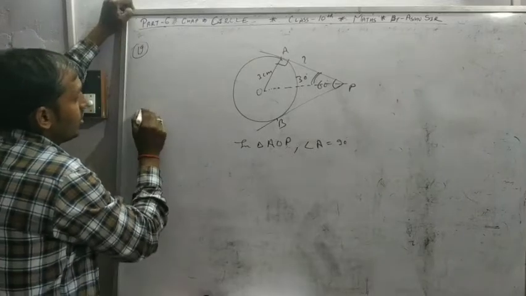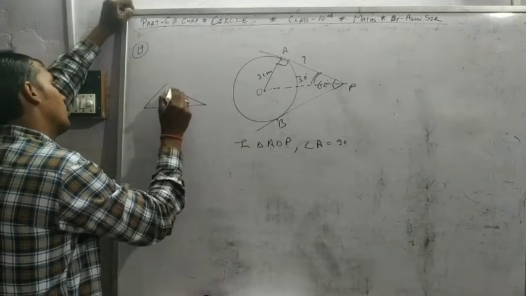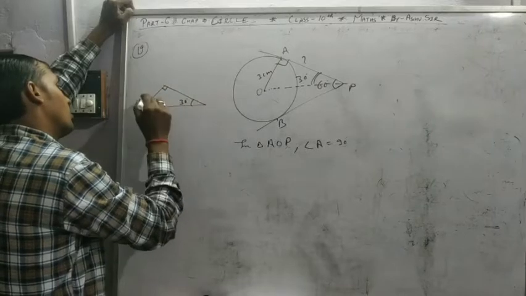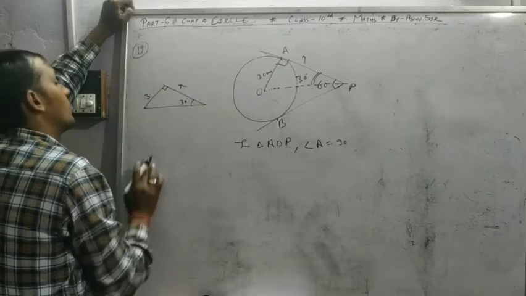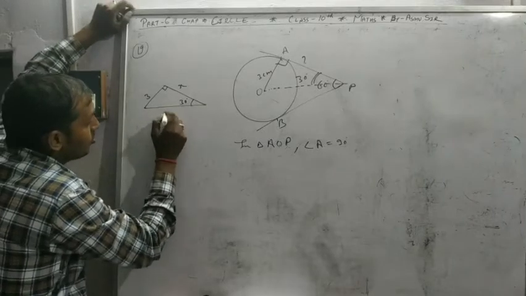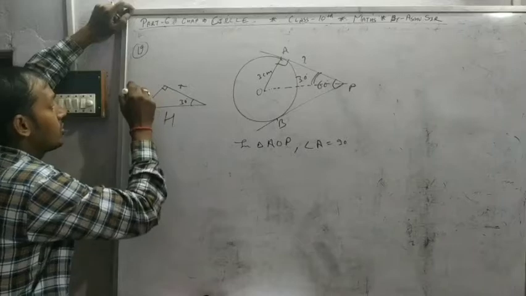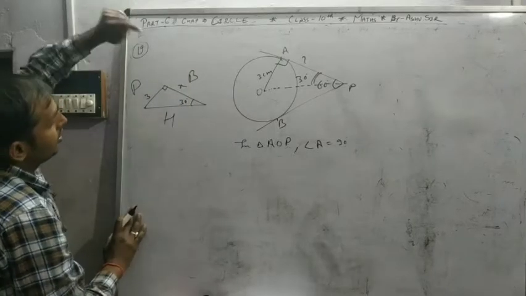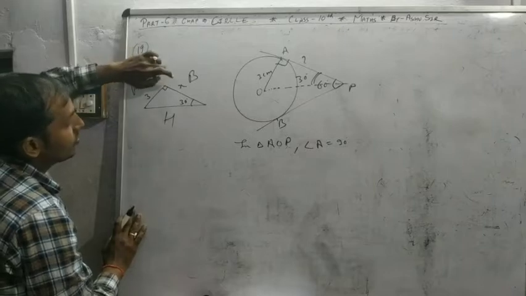So if you see, for this triangle, this is hypotenuse, this is perpendicular, and this is base. Perpendicular is given, we want base.